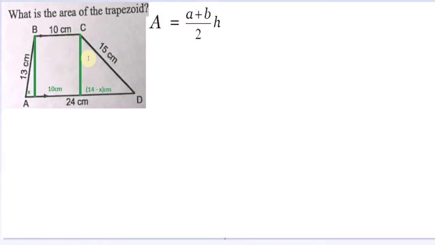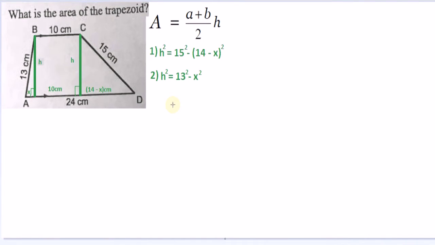And the only way to do that is to solve these triangles to get H. So using Pythagorean's theorem, we can come up with an equation for this triangle that we just formed here. This is a 90-degree angle, which means we have a right triangle here and another right triangle here. So we could definitely go after Pythagorean's theorem.